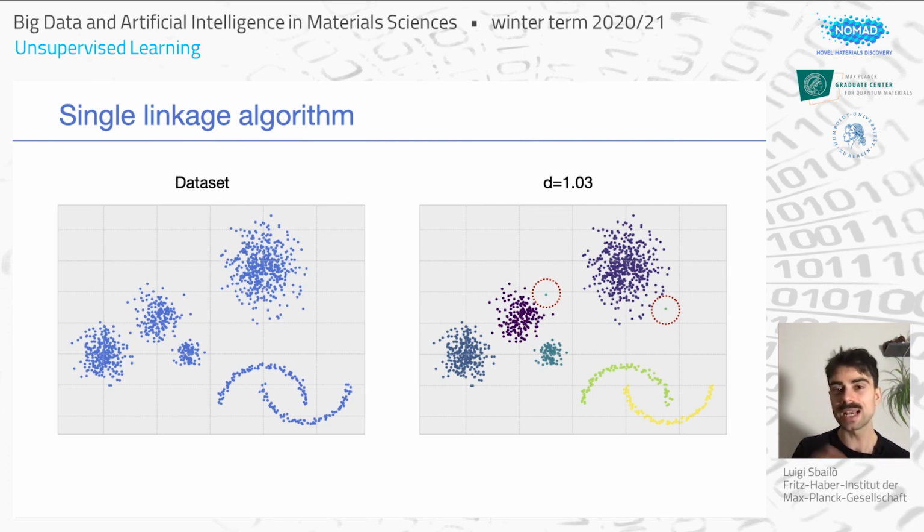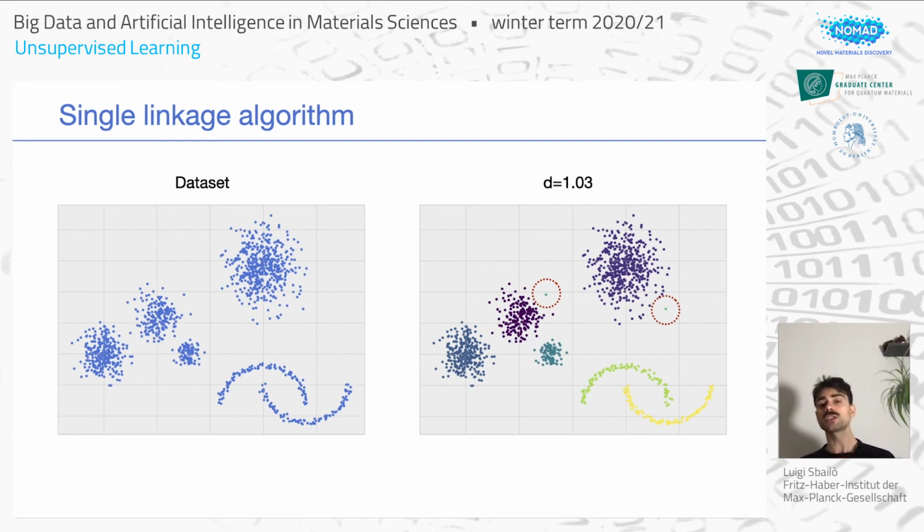By looking at it, we can easily guess that those points, in the end, do not form a single cluster. They rather belong to the larger blobs that are next to them. But they are too far, considering the cutting threshold of 1.03. So the distance from the other points is somehow larger.